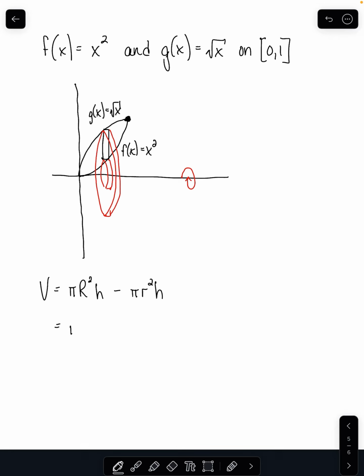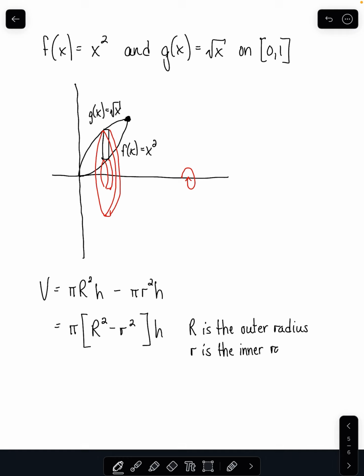If we factor out the common pi and the common h, we arrive at this, where R is the outer radius, the radius of the full disk, and little r is the inner radius, the radius of the smaller portion that has been removed from the center of the full disk.